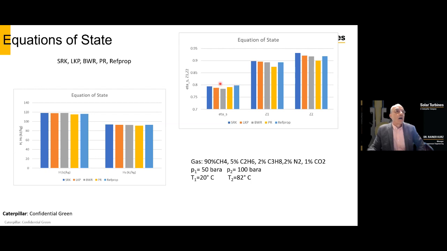You see there are some differences, but even on efficiency, I tend to be within a percent or so between the calculated efficiencies by the different equations of state. So the point I'm trying to make here is that if you want to compare data, just be consistent with the equation of state you use, but most equations of state that are used are reasonably accurate.